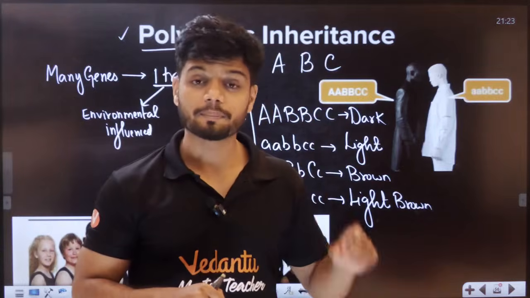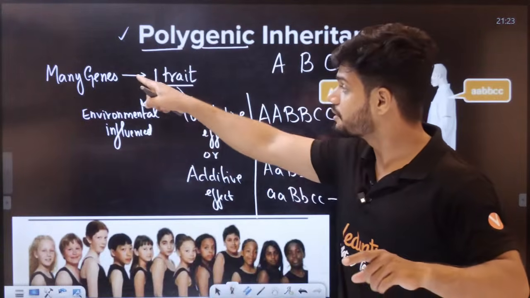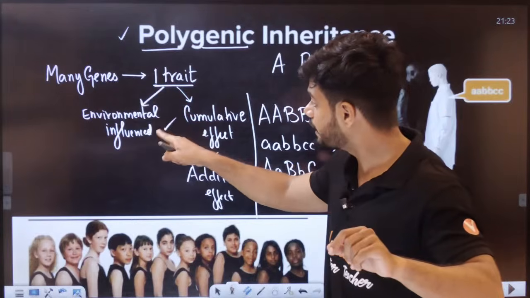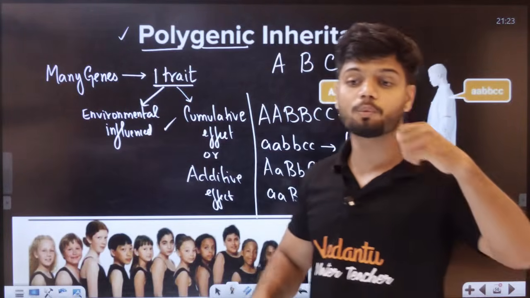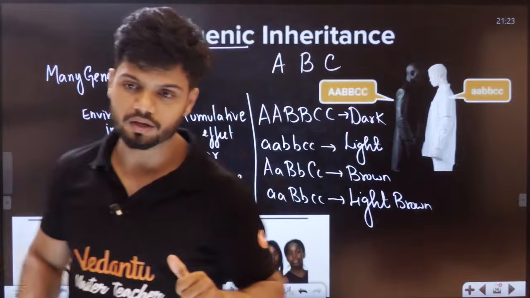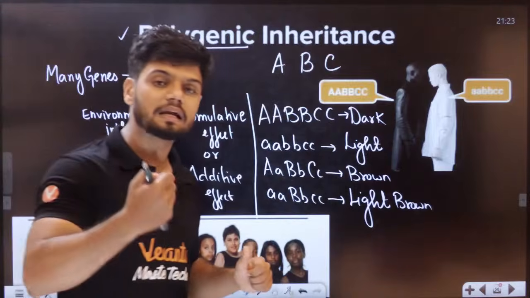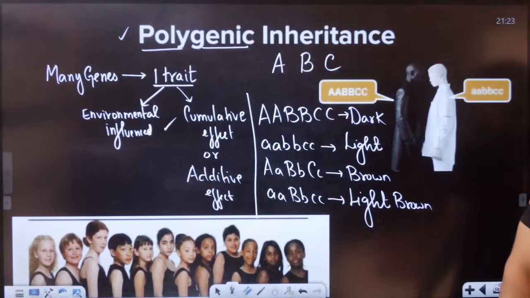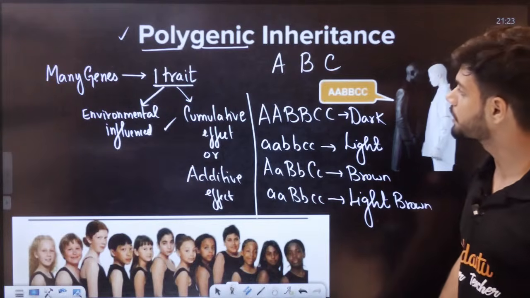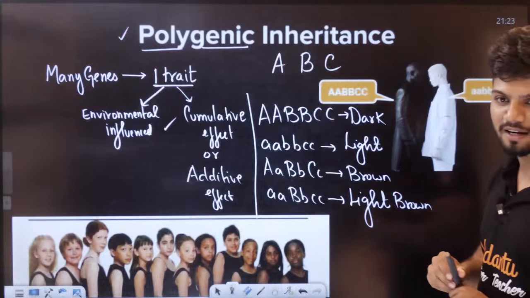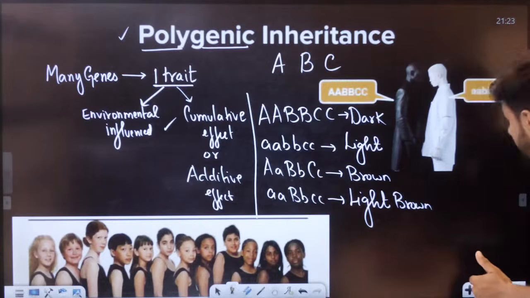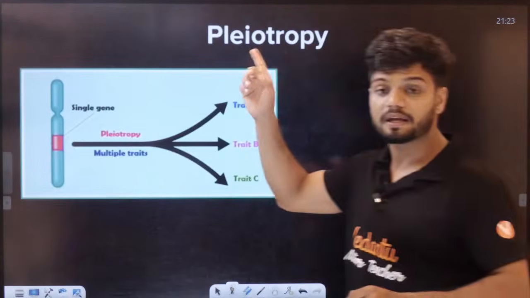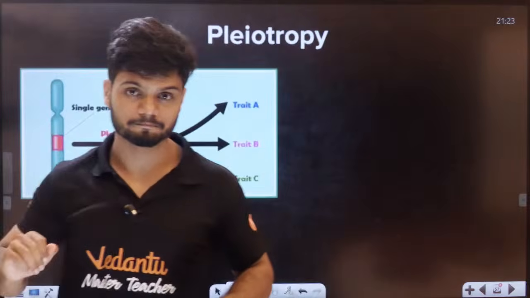Because genetics plays a role, but it is also environmentally influenced. Human height as well as human skin color are environmentally influenced. Okay, students, done with polygenic inheritance. Now, students, pleiotropy is completely opposite of it.